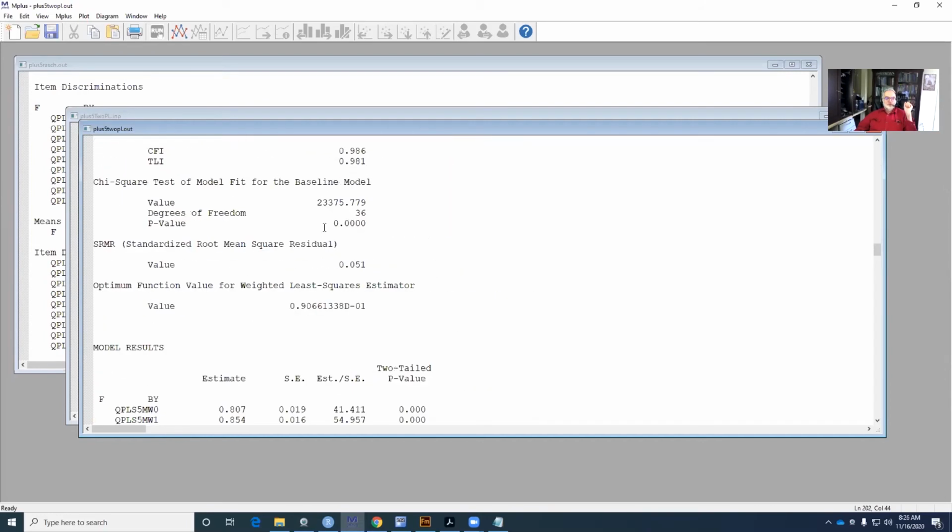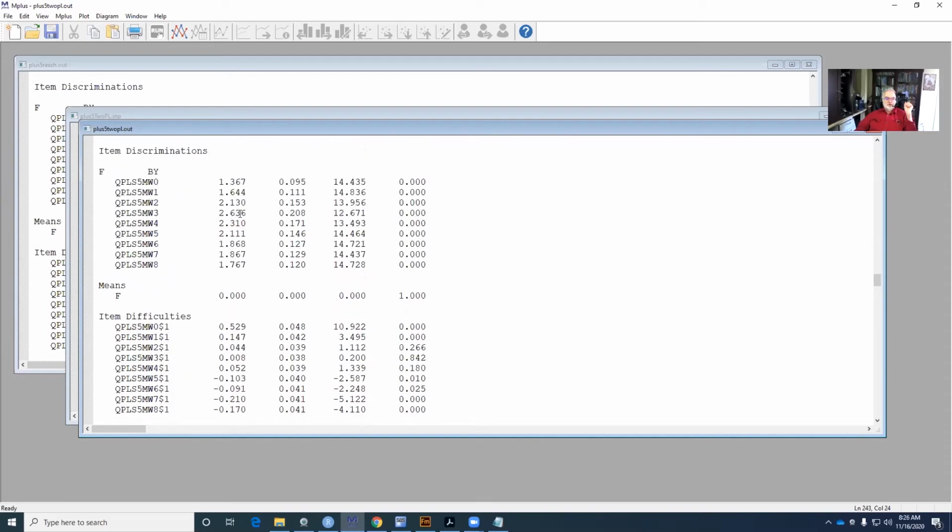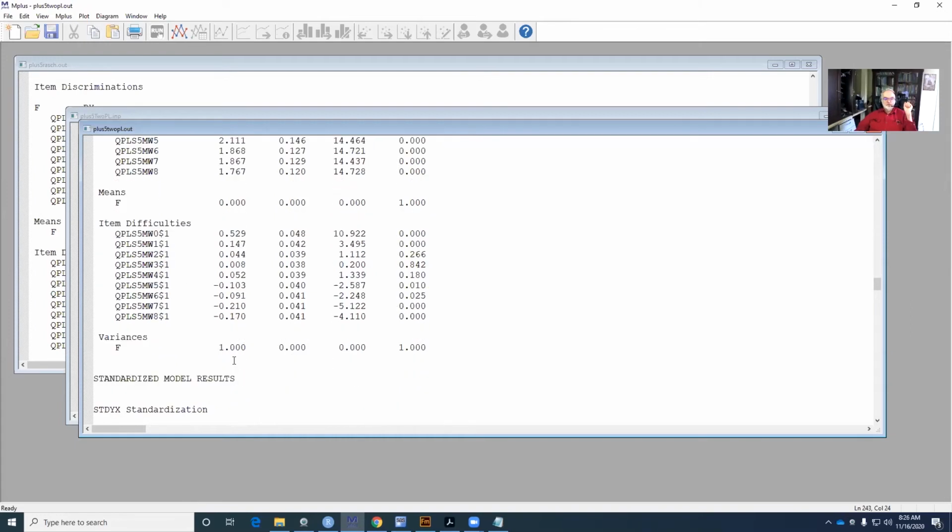These chi-squares match, these loadings match, and our discriminations and difficulties match. It occurs to me that it's also helpful to talk just a little bit more about the language of item response theory.